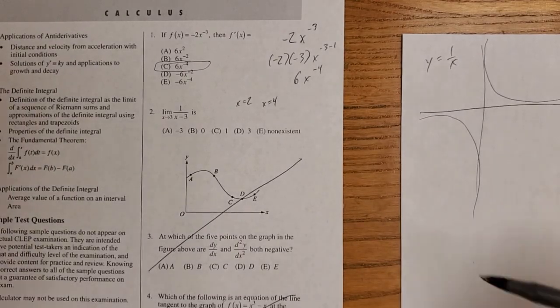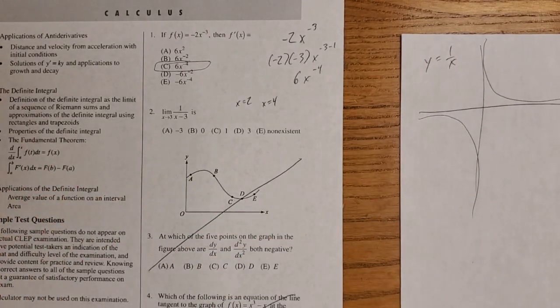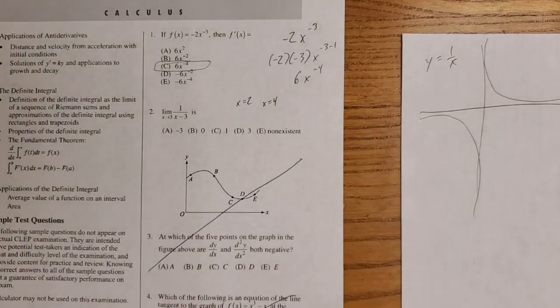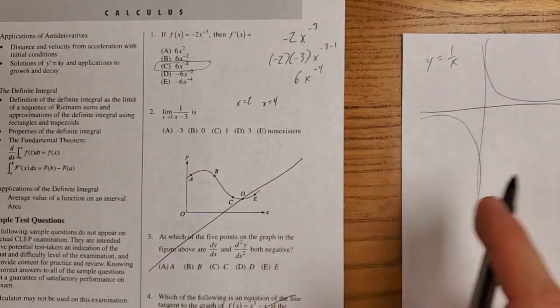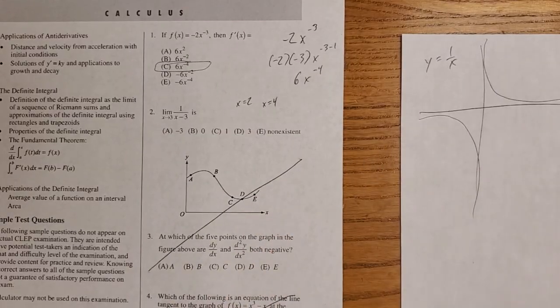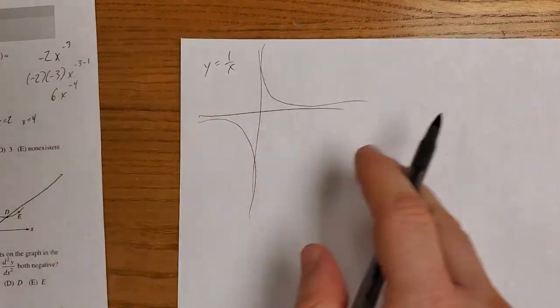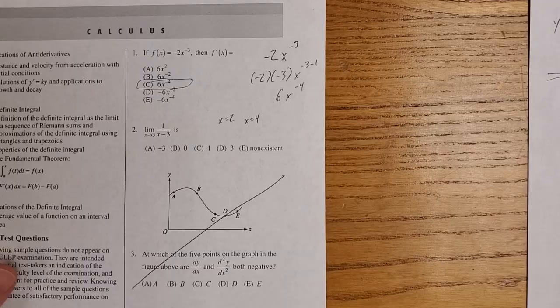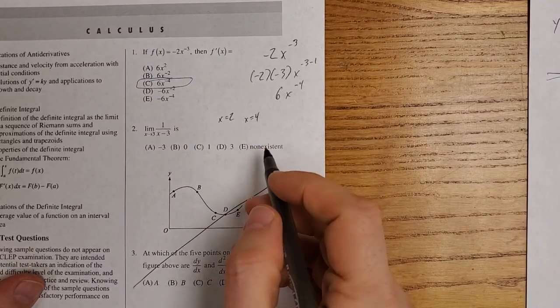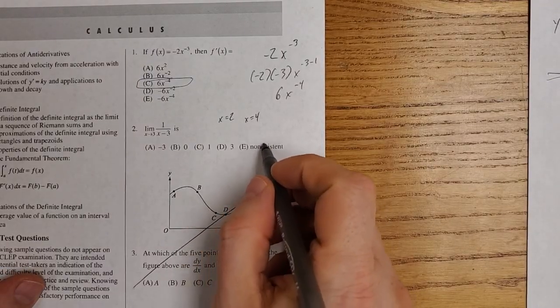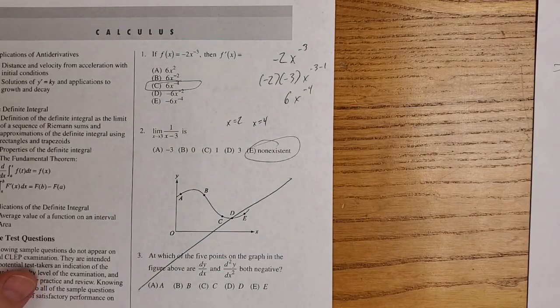So we're thinking it's not going to match up. It's not going to be one of those where there's just a simple gap in the graph that you could fill in, but it's going to zoom off and zoom back. So we're going to say it is E, non-existent.